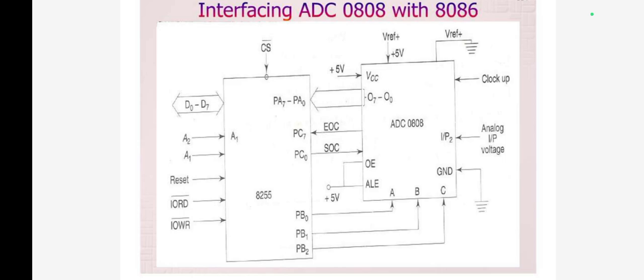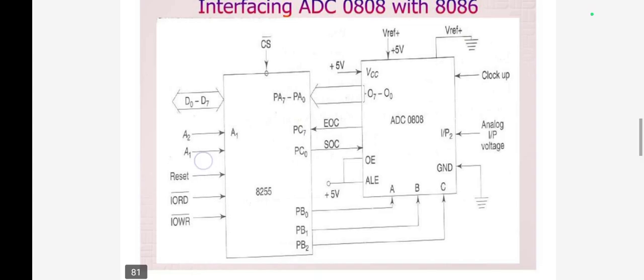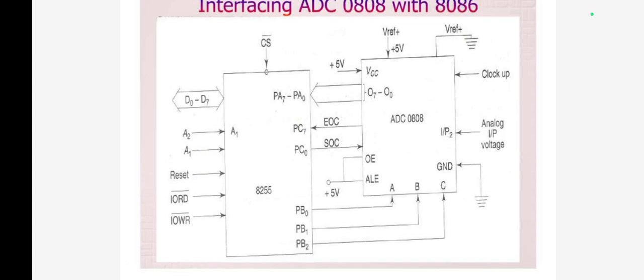The 8255 is interfaced with the analog to digital converter 0808, and the start of conversion signal is given to indicate that the analog to digital conversion is being started. After the process is completed, the end of conversion signal is generated.